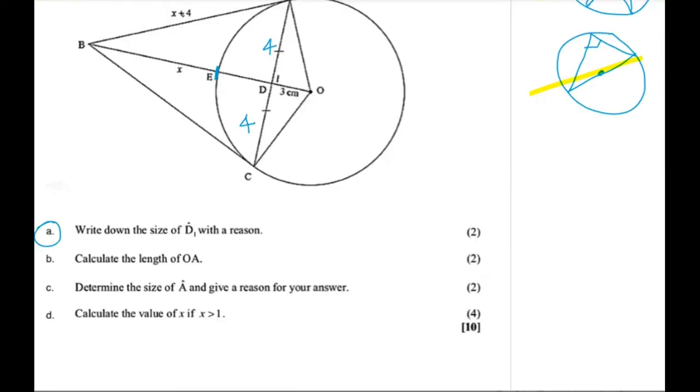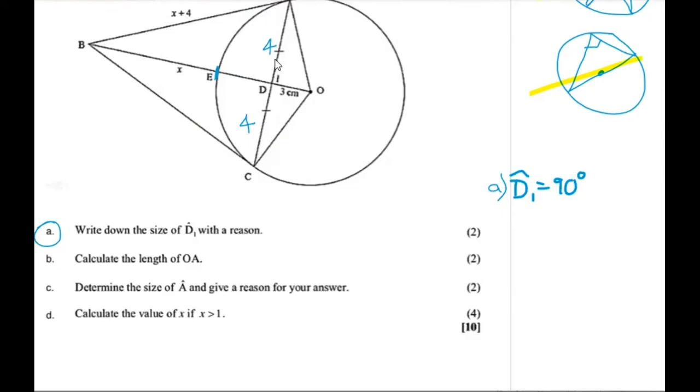Okay, so write down the size of D1 with a reason. Guys, think about where D1 is. Think about the theorems that we could possibly use. Okay, and we're going to write down question A over here. And yes, straight away, D1 is going to be equal to 90 degrees.